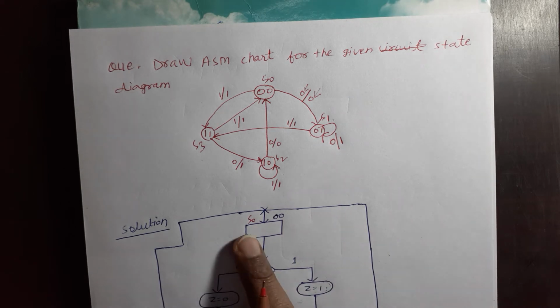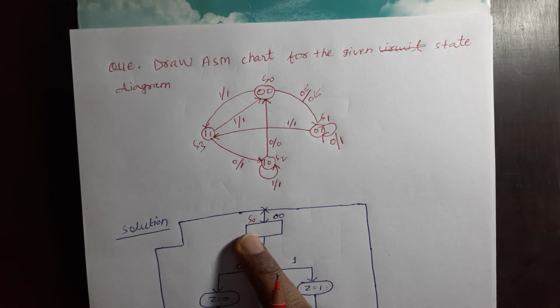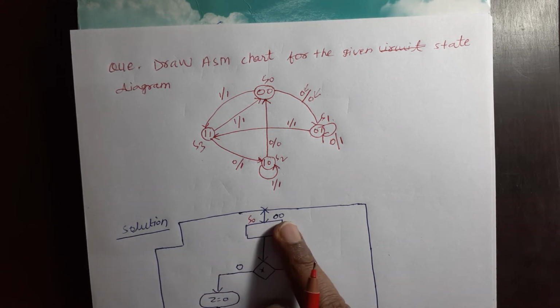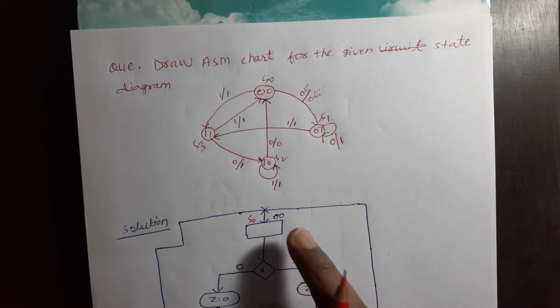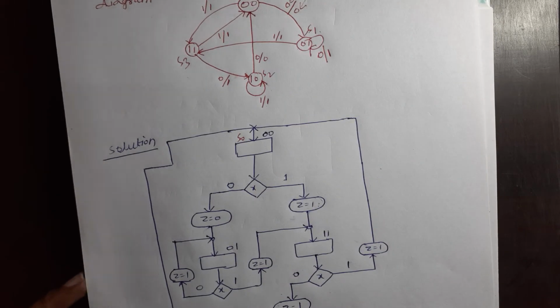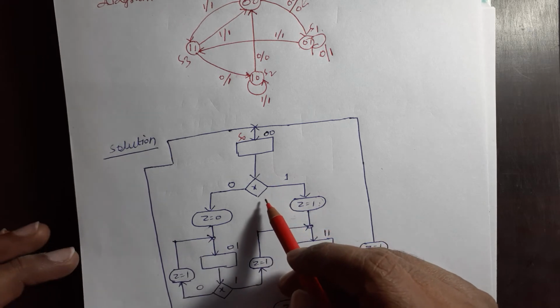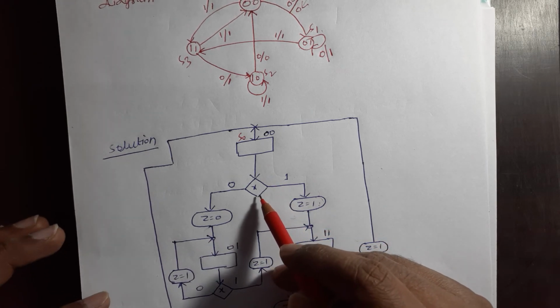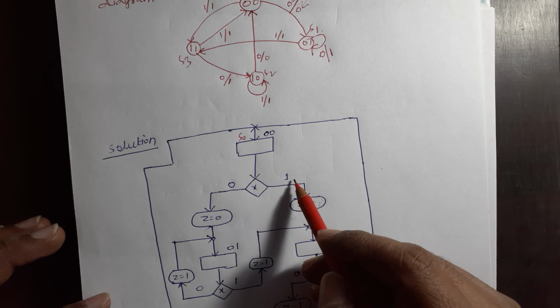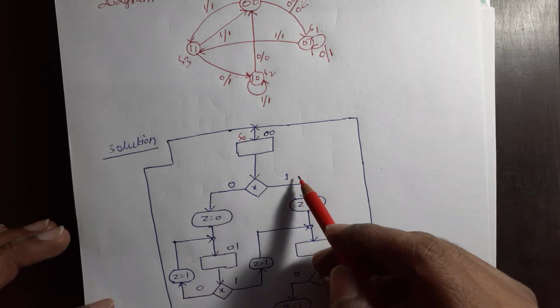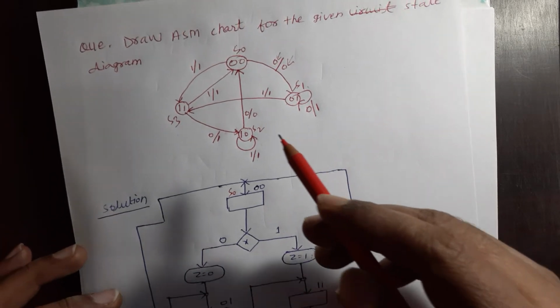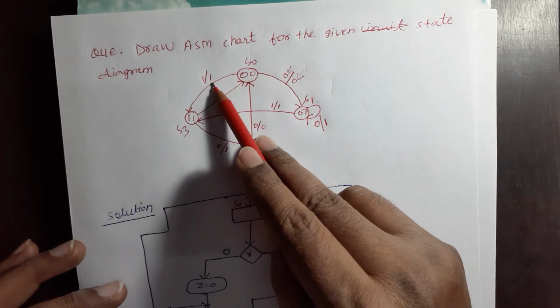For state S0, its binary value is shown at the right side here, and after the state box, the machine will check with the help of the decision box whether x is 1 or x is 0. If x is 1, you can see from here that the output is also 1.